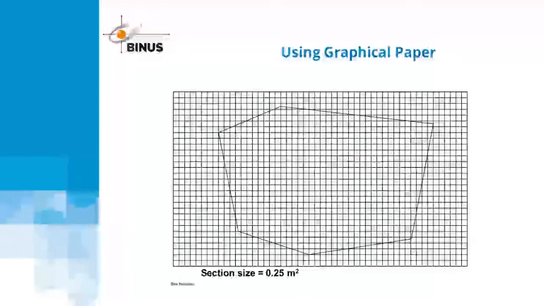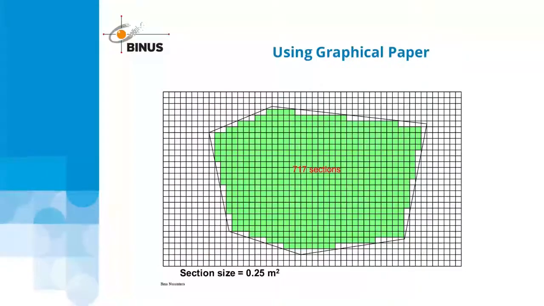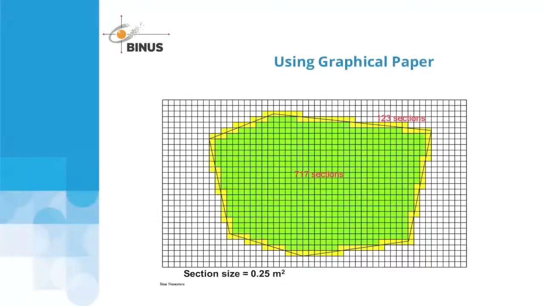Now let's say we make the size of one full section smaller. The size of one full section is equal to 0.25 meters square. The total amount of full sections here is 717 sections, and the amount of partial sections is 123 sections.